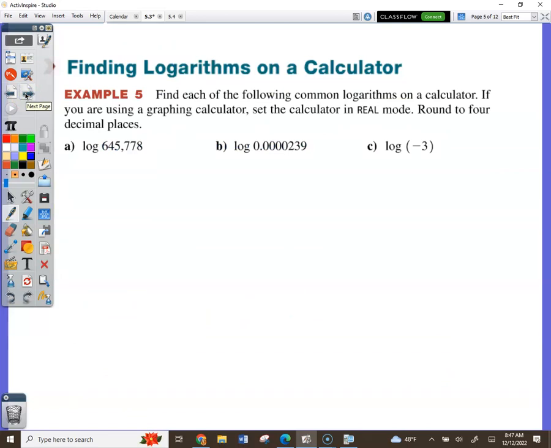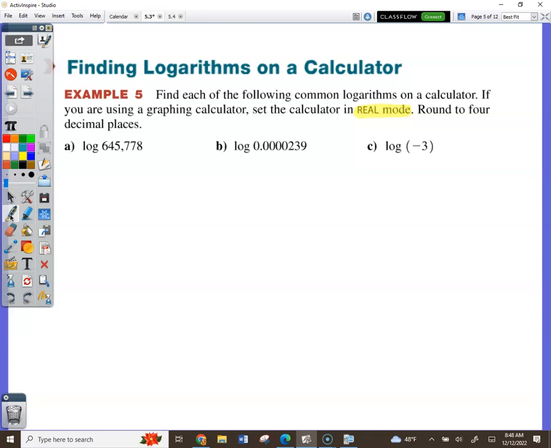What if it's ugly? What if we are just trying to understand what the log is, and we type it in the calculator? First of all, you need to make sure your calculator is in real mode, and there is a good chance yours might be in imaginary mode. So click mode on your calculator.